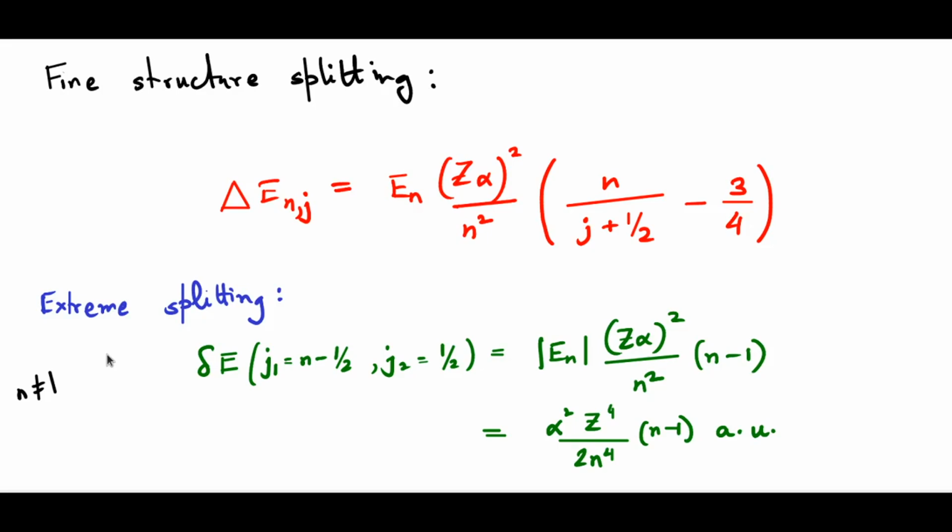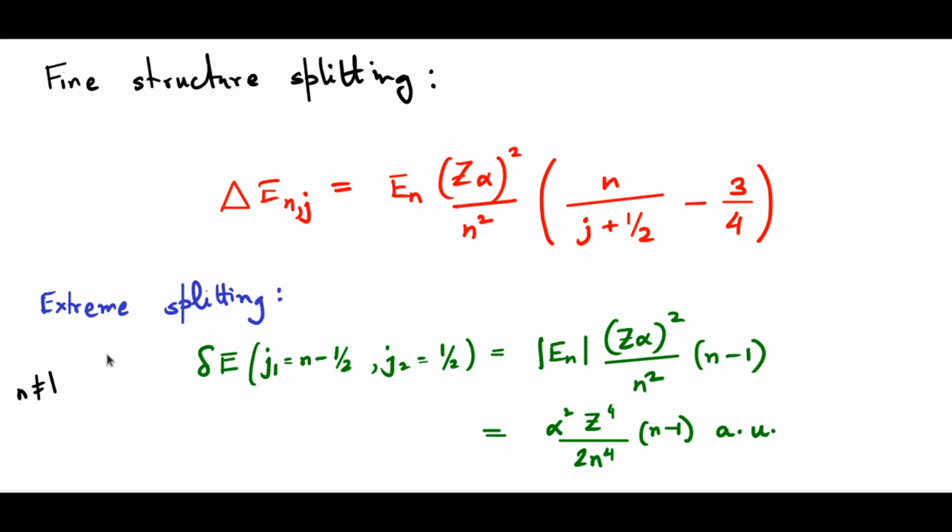But for other levels, when n is more than 1, you have several levels, and the splitting of course depends on the energy difference between the two extreme parts.